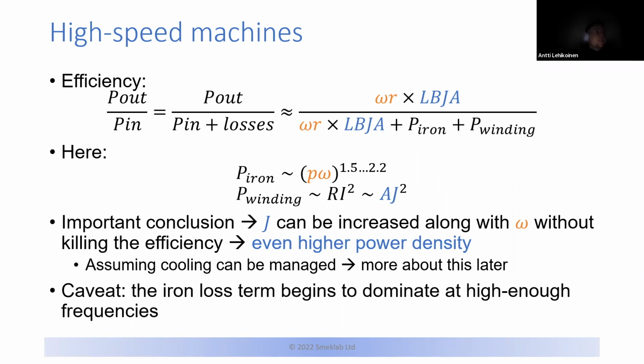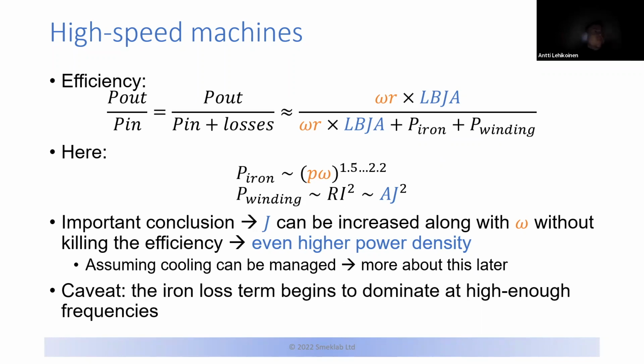So we have some way to reduce it again by increasing the losses. And that's what happens when we increase the current density. But at the same time, again, the output power increases. So it's a rare example of a nice positive feedback loop, I would say.